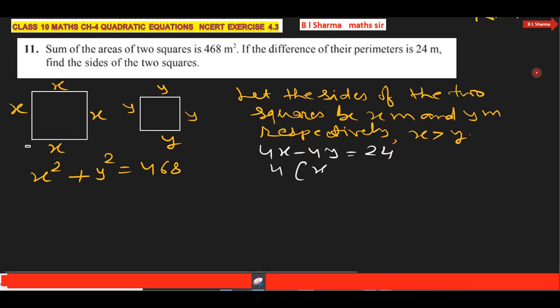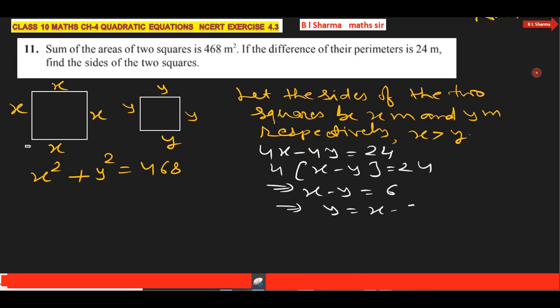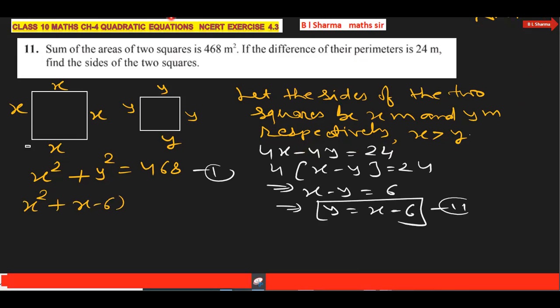Taking 4 common, x minus y is 24, or x minus y is 6, or y is equal to x minus 6. So putting the value of y in this, x whole square plus x minus 6 whole square is 468.